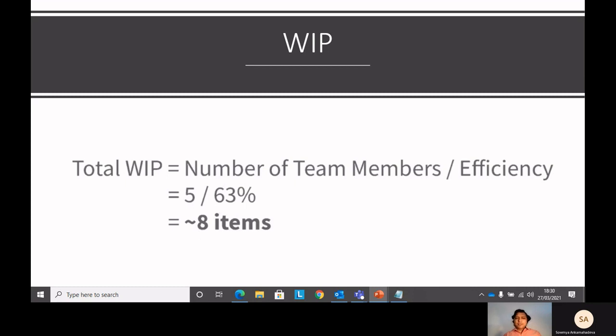So basically 8 is the overall WIP limit of your board. At a given point of time, only 8 items should be present on your board if you have a team of 5. Now we have an idea that for my board, 8 is the maximum I should have. That is the WIP for my complete board. Now we'll look into the individual columns.